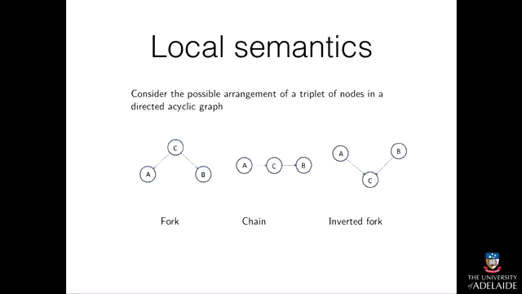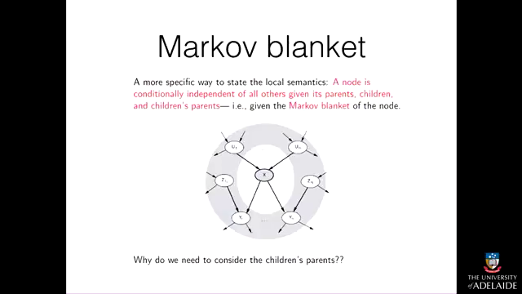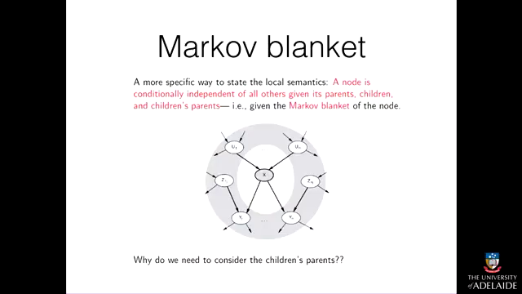Okay, so let's start with the first one, A and B. If C is given, are A and B conditionally independent or not? They are conditionally independent, as shown in this example, right? But we can use this rule to check. Let's start with A. Let's check A's parents, A's children, and the children's parents.